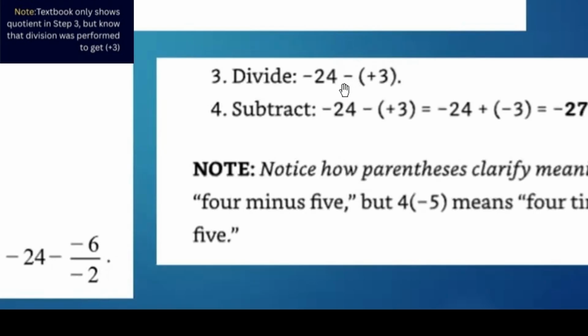Remember we just saw that when you see two signs next to each other, that implies multiplication, right? So -1 times +3 is -3, but we're subtracting, okay? So -24 minus 3 is the same as adding -24 to -3.